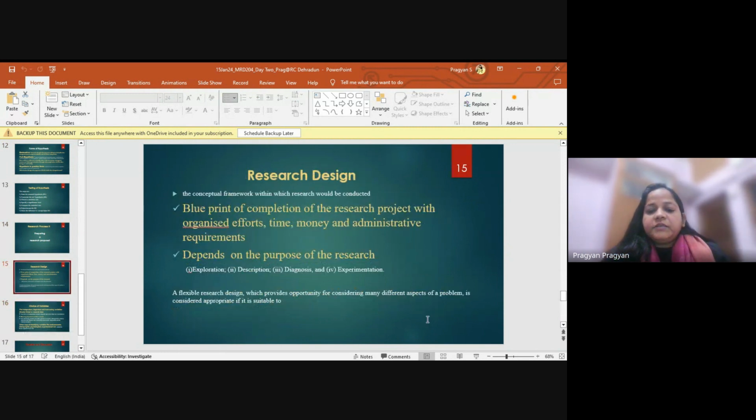We can create two groups of pregnant women in one village, and one group is exposed to audiovisual health awareness programs, while the other group is kept completely away from exposure to the audiovisual program.